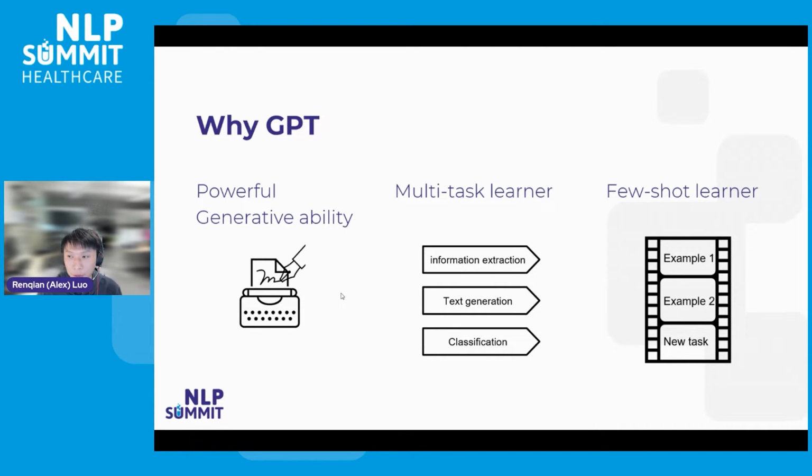Also, it's a good few-shot learner where we just provide it with a few examples, and it can do well on new data samples during inference. Even more, if the model is powerful enough, it can do zero-shot tasks where we do not give any example for the model to learn or train. It can directly generalize well to the unseen new task and data. So this is why we focus on GPT rather than the BERT model.